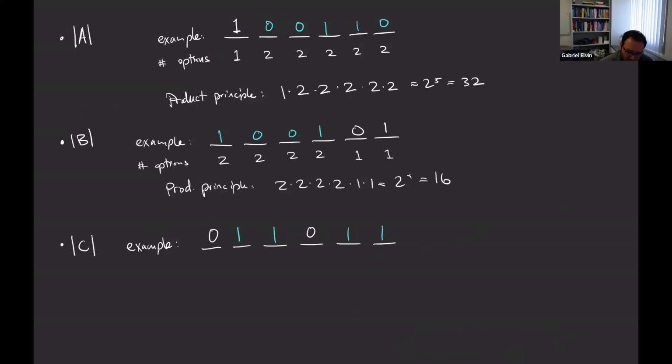And so the number of options is going to be different, it's not going to be just two multiplied together. But the number of options is, well, this is equivalent to picking four out of the six positions to have ones. This is equivalent to what?